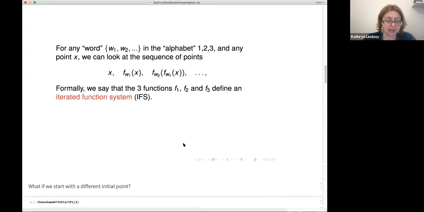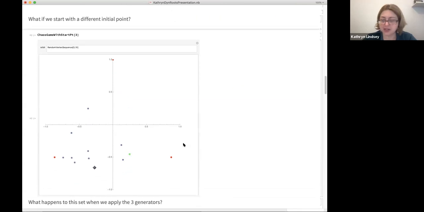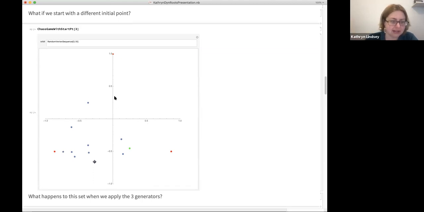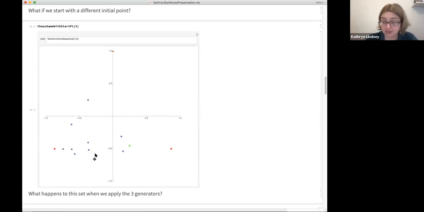Okay, great. But what if we started with a different initial point? When we played the game at the beginning, we started with our point at 0, 0. But what if we start somewhere else? This little demonstration shows the effect of starting at various initial points.